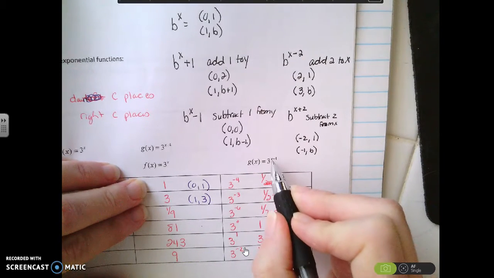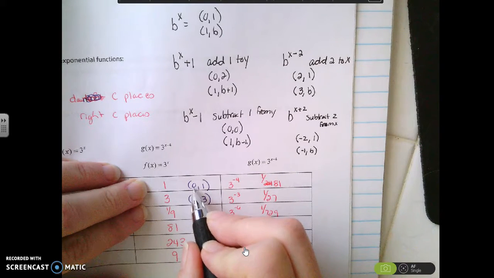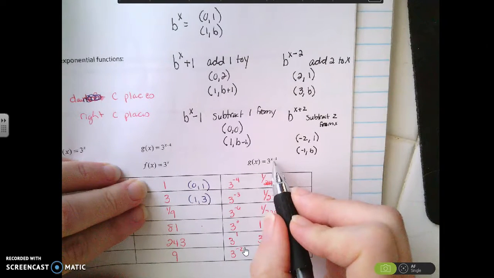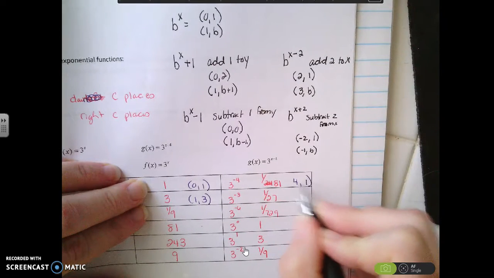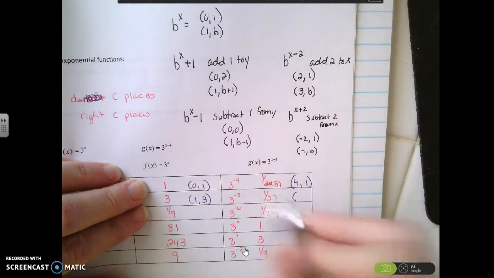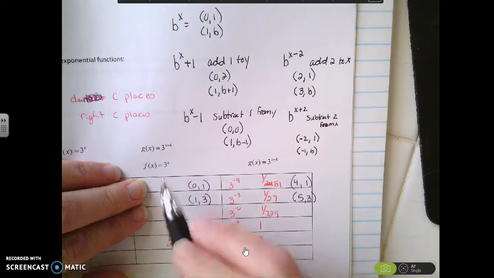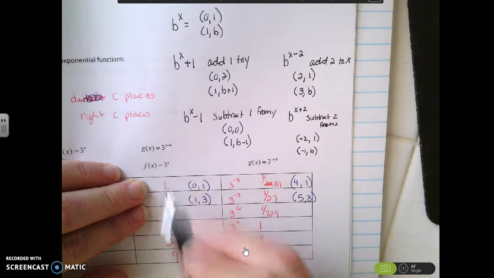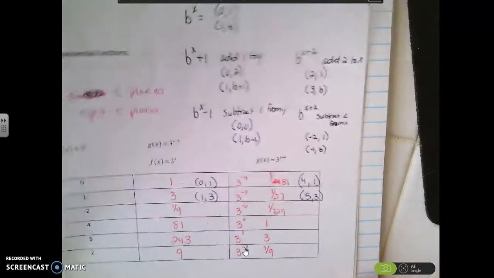So now if I do this x minus 4, then that means the x values are going to increase by 4. So I'm going to have (4, 1), and add 4 to x again, and it's going to be (5, 3). So those 2 points, and knowing that it's an increasing function, are all I need to be able to graph my new equation.